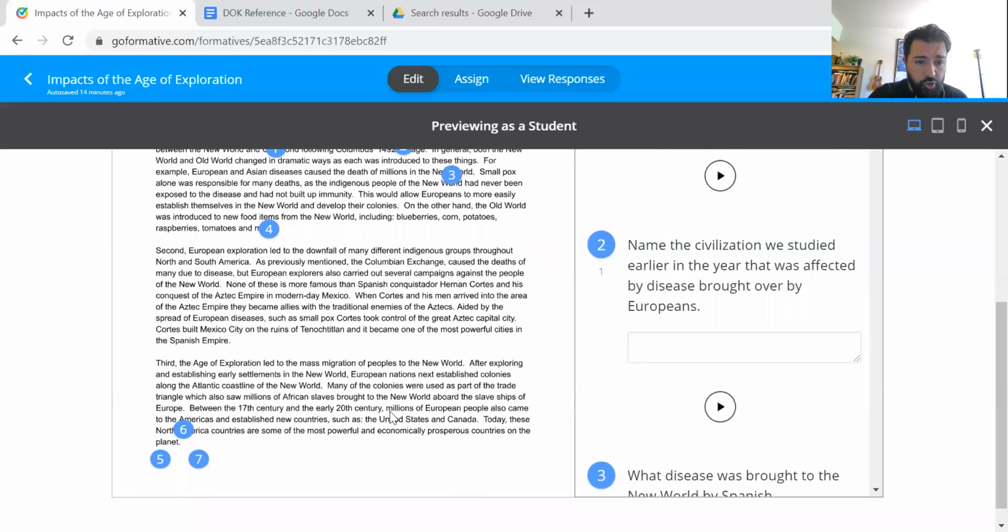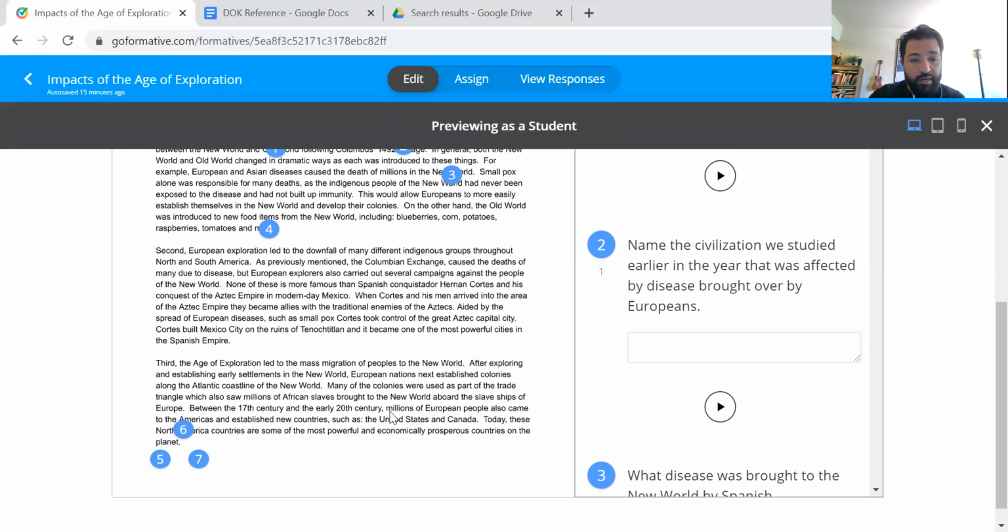Second, European exploration led to the downfall of many different indigenous groups throughout North and South America. As previously mentioned, the Columbian Exchange caused the deaths of many due to disease, but European explorers also carried out several campaigns against the people of the New World. None of these is more famous than Spanish conquistador Hernan Cortes and his conquest of the Aztec Empire in modern-day Mexico.